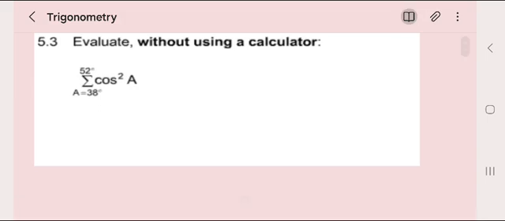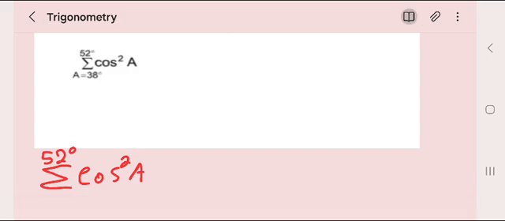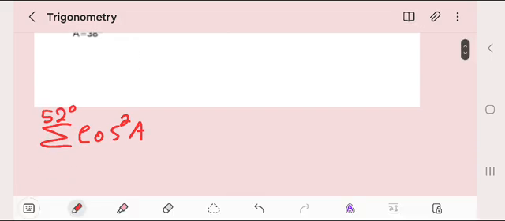We're given the sum of cos squared a, from a equals 38 degrees to 52 degrees.